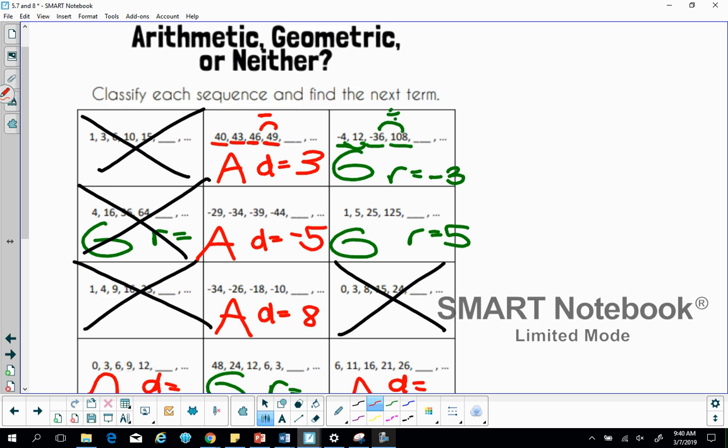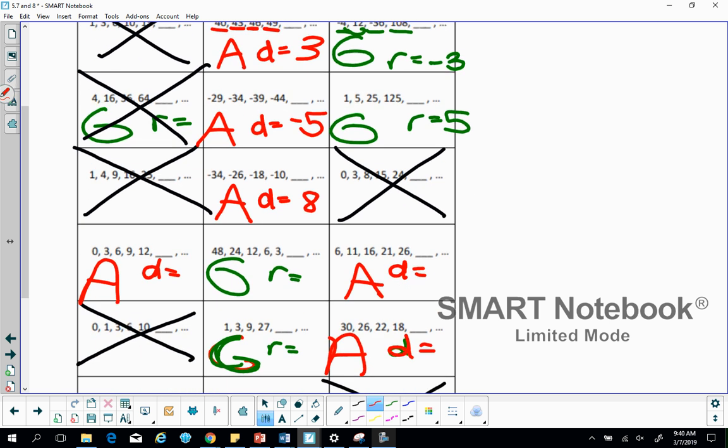Because see how the negatives are getting smaller? It's like the opposite direction, right? Cool. Damon, did you get this one right here? What's your D right here? Did you get that one? Steven, did you get this D? 3. Beautiful.